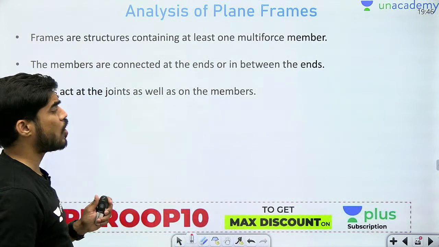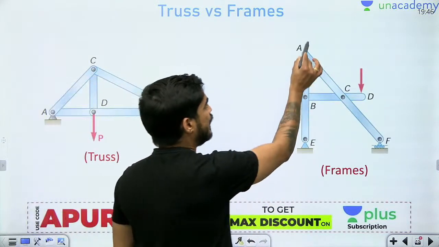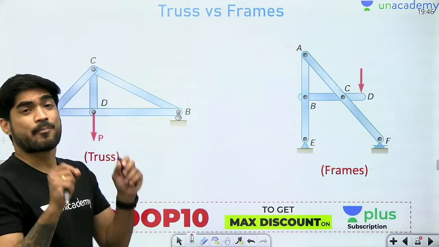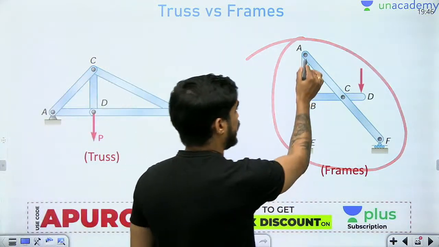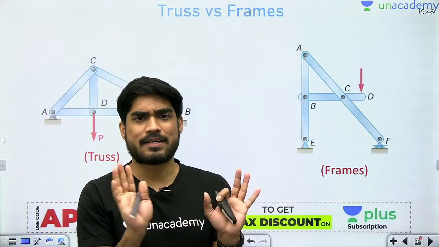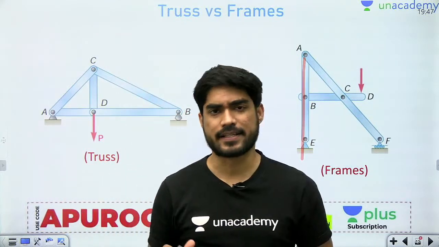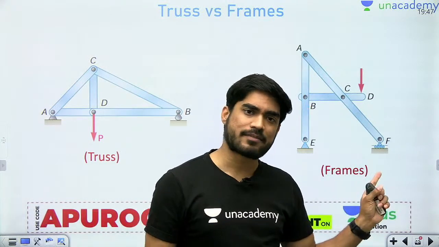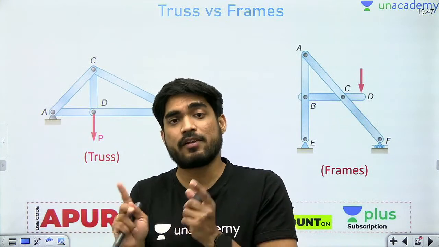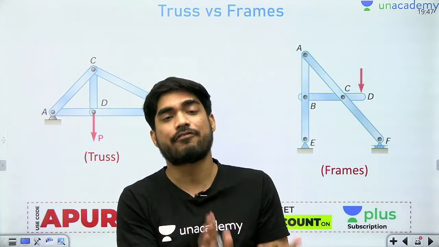But the members of frame are multi-force members, means there are multiple forces acting on at least one member. Not all the members are multi-force members. Understand this. Some members of frames are two force members also, just like truss. So what will be the criteria of being a frame?